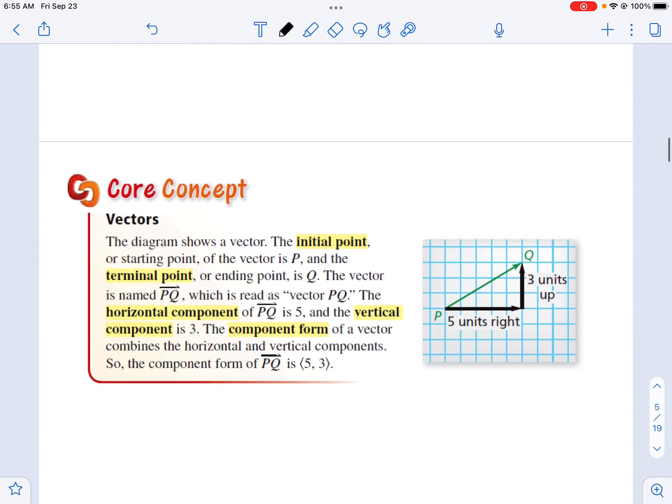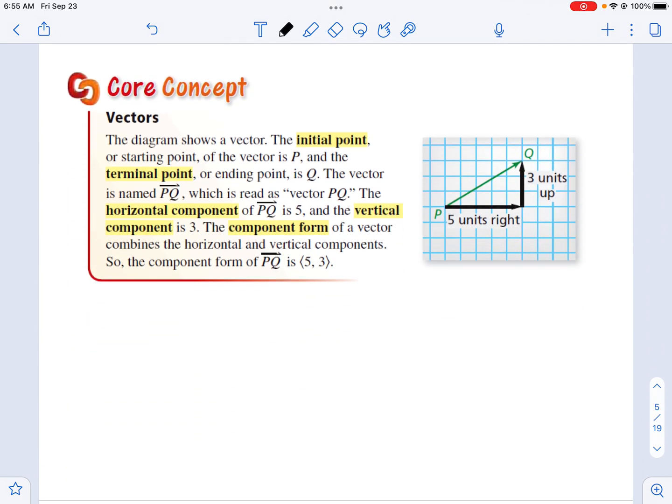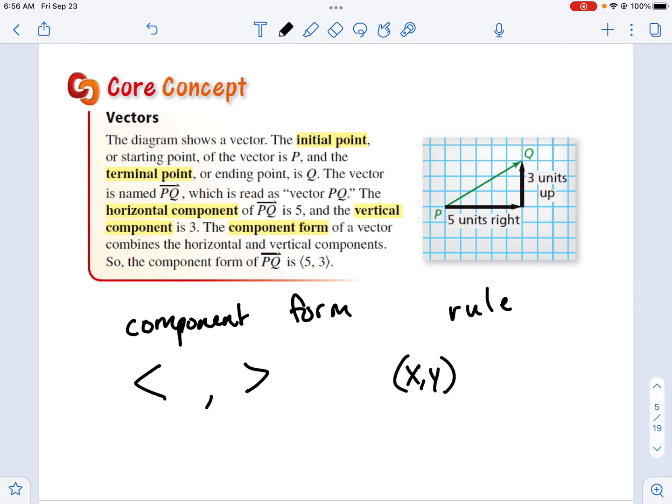And it's pretty easy to figure out the vector. We call something component form when it's written like this. The other one is called rule form, and it's when it's written like this. But we'll talk about that here in a second.